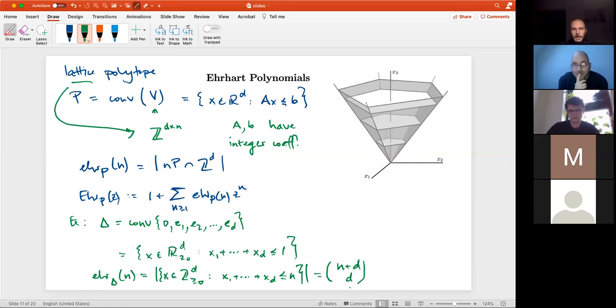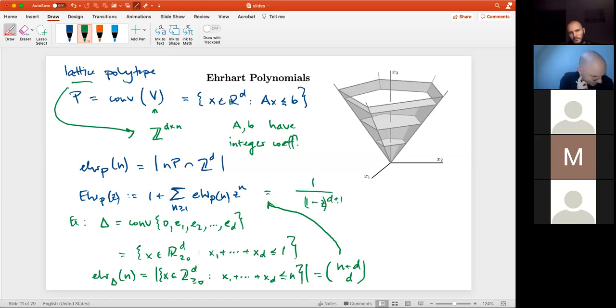And there's other ways to derive this, but if you now go over here and compute this generating function with a binomial coefficient, there's your friend, the binomial series, helps you, and you realize in this example this evaluates to the rational function 1 over 1 minus z to the d plus 1.